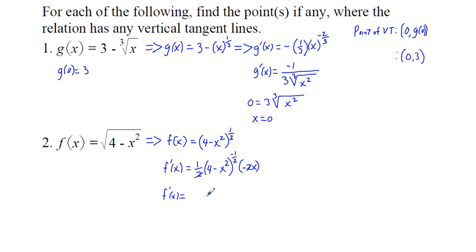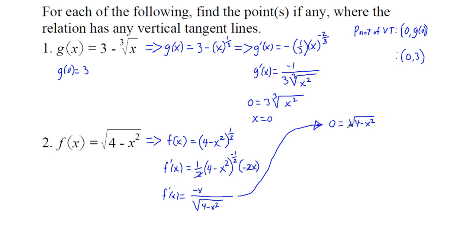negative x over the square root of 4 minus x squared. Then setting the denominator of the derivative equal to 0, I will say 0 is equal to the square root of 4 minus x squared.